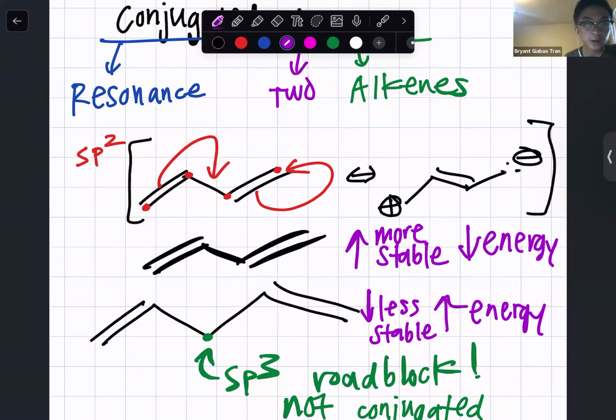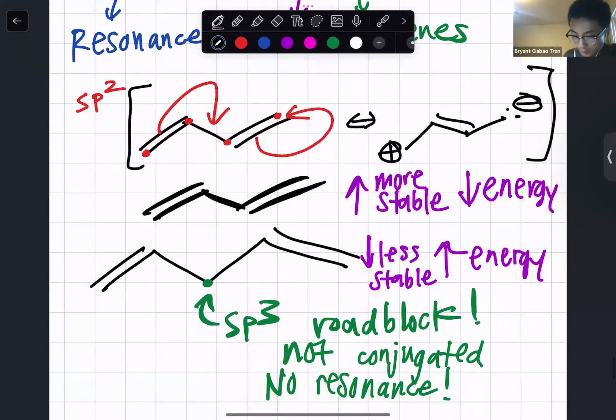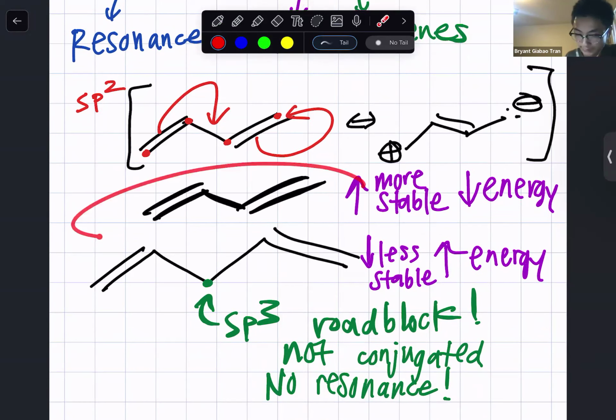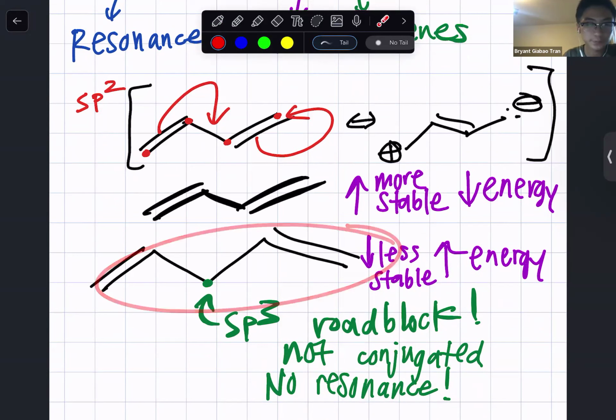Energy and stability are inversely related. So the more stable a molecule is, the less energy it has, and vice versa. Right. And he might ask it the other way around. He might ask which one is more stable. Then the answer would be this one. If he asks which one has more energy, the answer is this one. Okay.